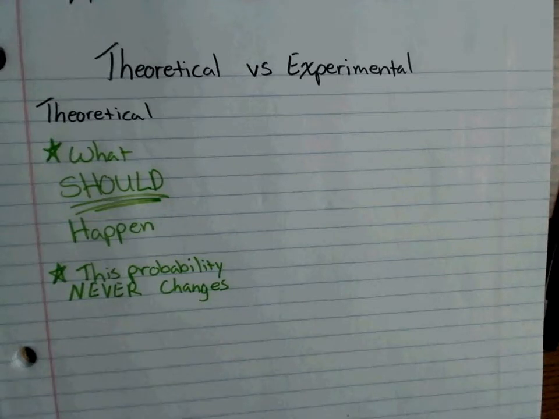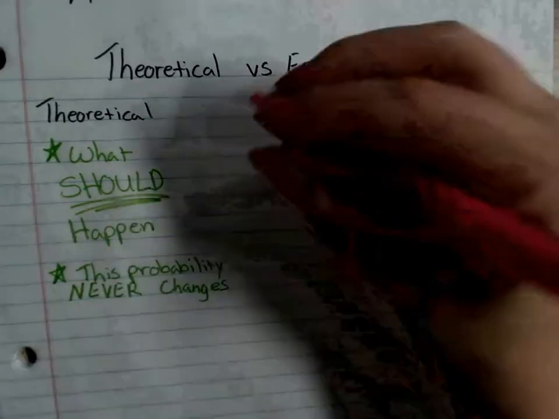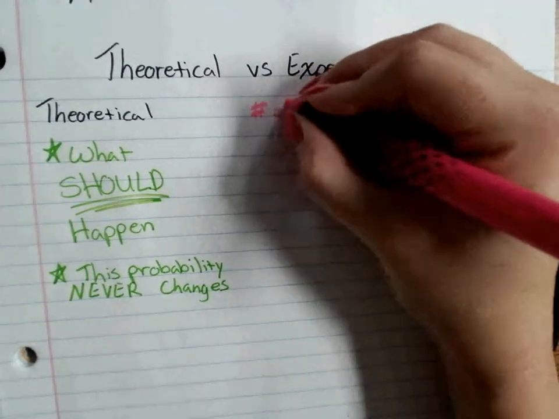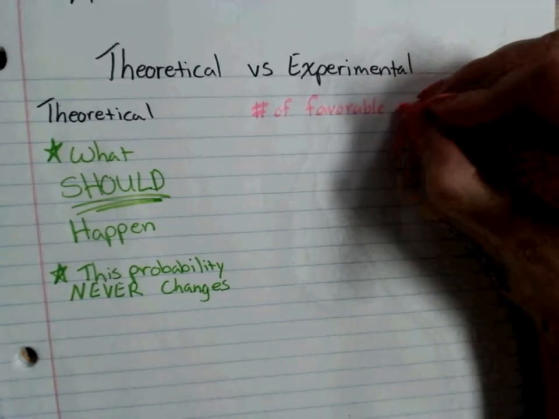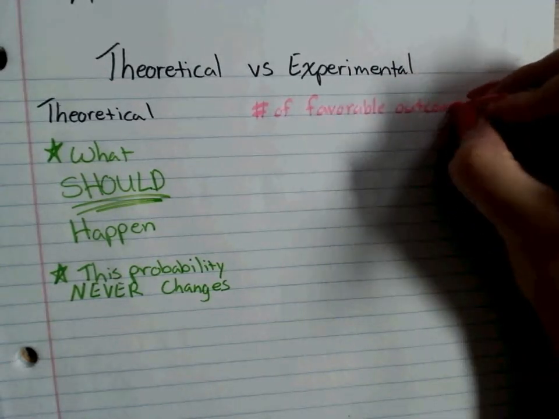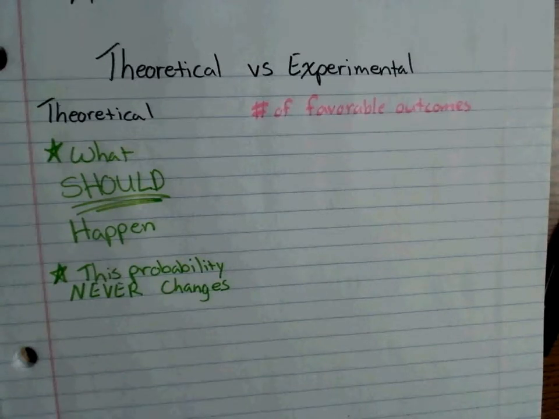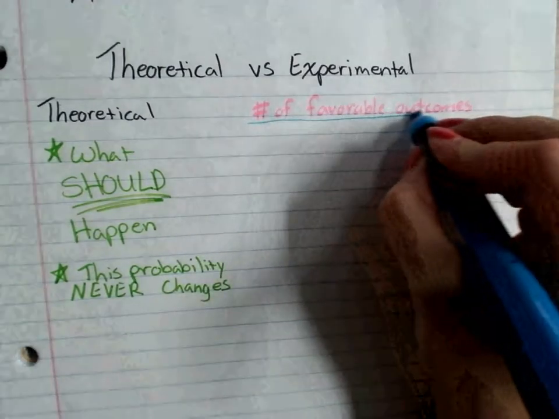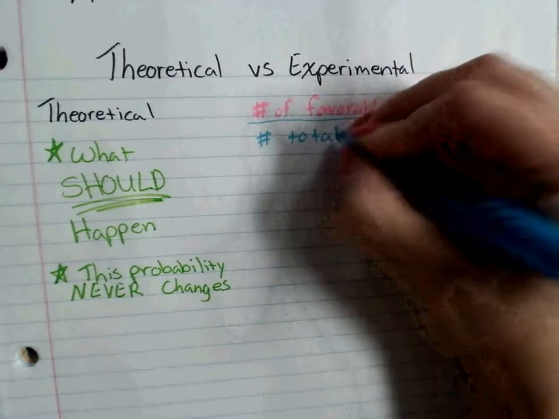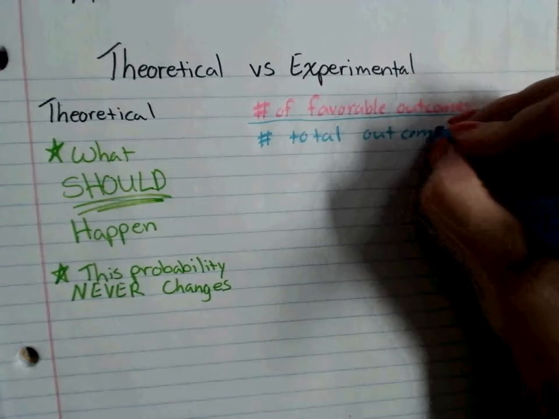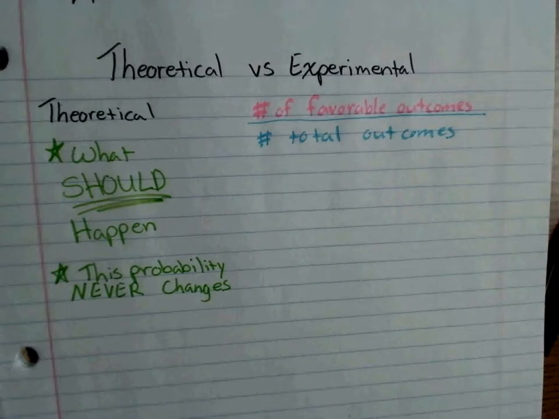That will never change. The way that we find our theoretical probability is we identify the number of favorable outcomes. So basically, how often does an outcome that we're looking for occur, out of the total number of outcomes. That's our theoretical probability.